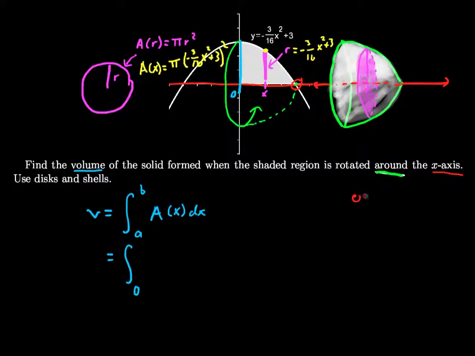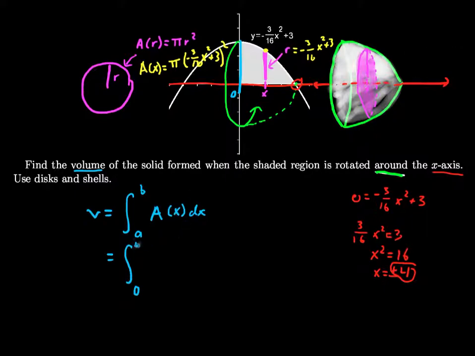So 0 equals negative 3/16 x squared plus 3. I'm going to move that to the other side. 3/16 x squared equals 3. Multiply by 16/3, x squared equals 16, and take the square root. X is plus or minus 4, but my minus 4 I don't care about, so I'm going to use this positive 4 as my other limit of integration.